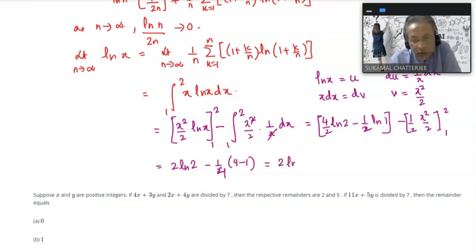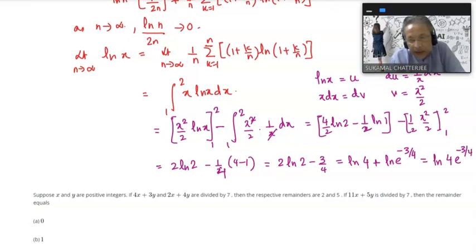So this becomes 2 ln 2 minus 3 by 4, which can be written as ln of 2 to the power 2, which is ln of 4, plus ln of e to the power minus 3 by 4. So this becomes equal to ln of 4 e to the power minus 3 by 4.